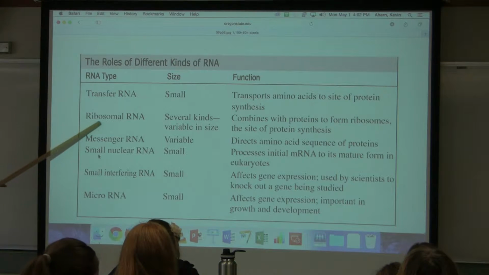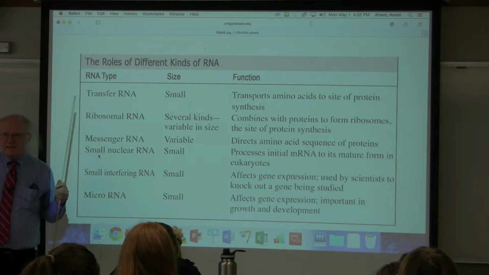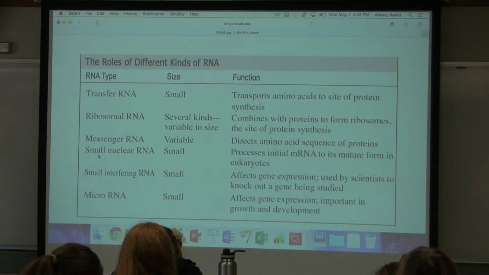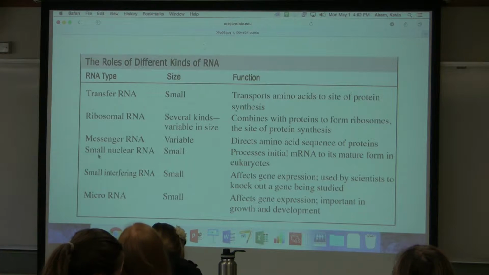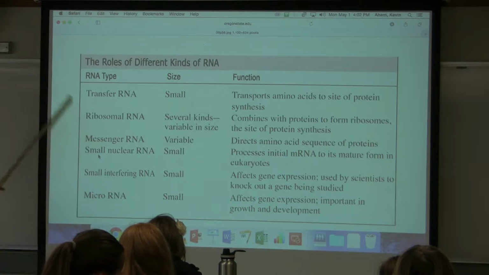The ribosomal RNA plays a catalytic role, that is, in the catalysis of protein synthesis. As we will see later, it's the form that is integral to the ribosome, which is the structure that makes the proteins using the genetic information from the messenger RNA.